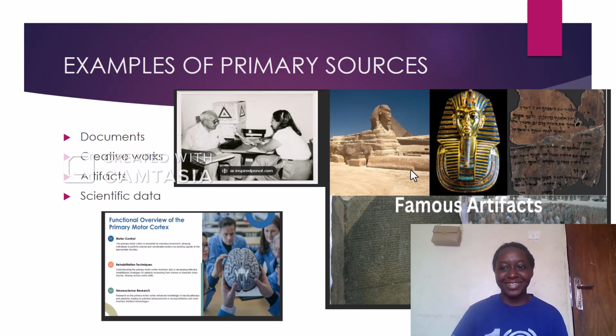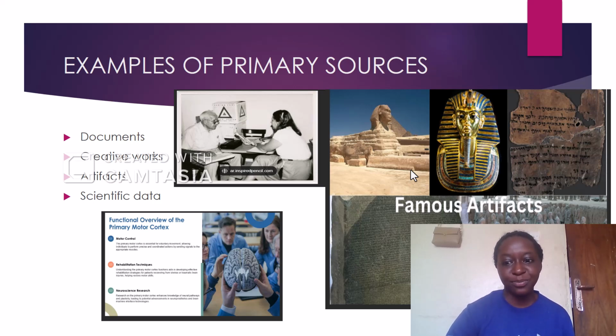I may talk of artifacts and someone may ask, what is that? But yes, these are some of the artifacts. You can look for more examples of primary sources, and you will find them. So these are some of the examples we have for primary sources of information.